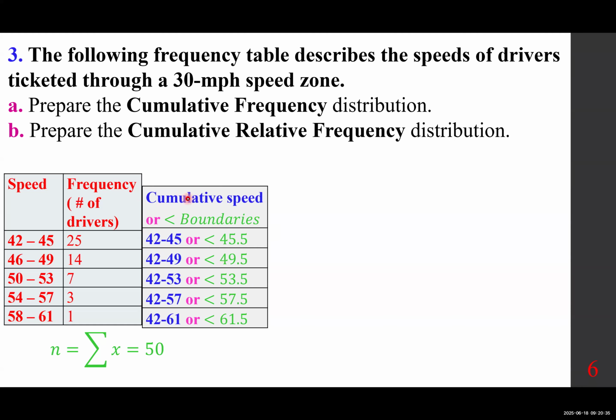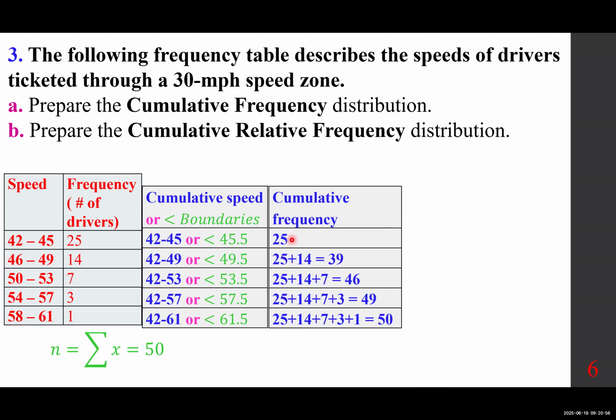And as far as the frequency, obviously the first one doesn't change, it's 25. But the second one, they add up, because it's not 46 to 49, it's 42 to 49 or less than 49.5. So add these two numbers, 39, then add 7 and continue with this adding.